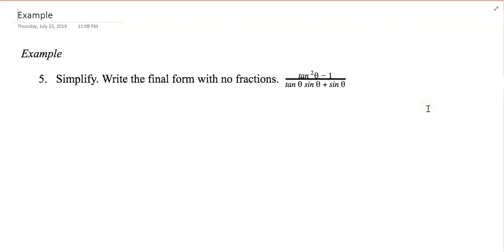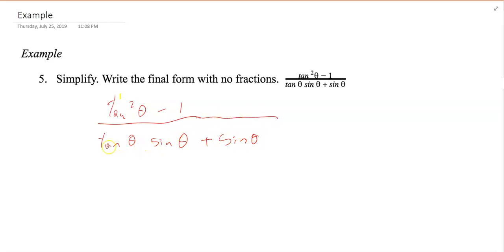Let's simplify this expression: tan squared theta minus 1 over tan theta sine theta plus sine theta. Okay, so here this is tan theta multiplied by sine theta, then plus another sine theta.